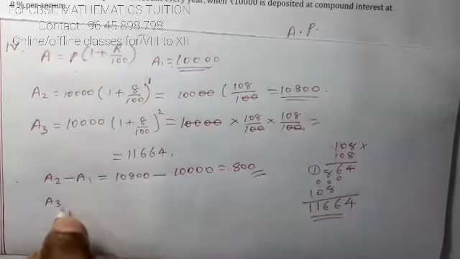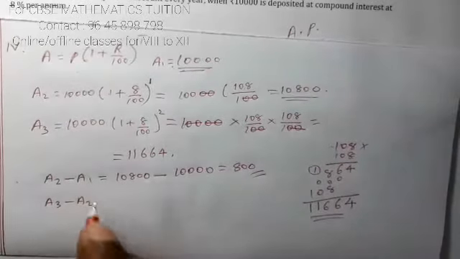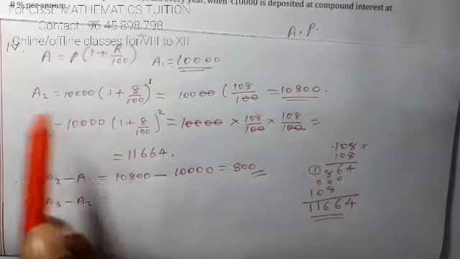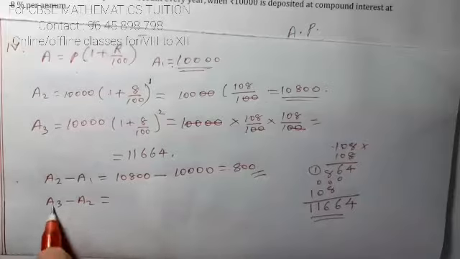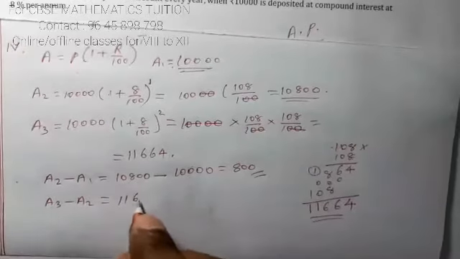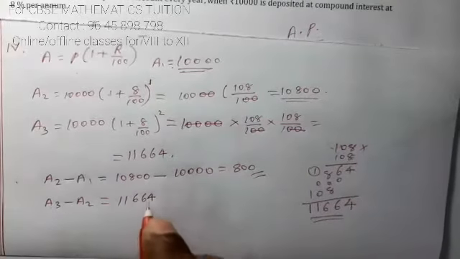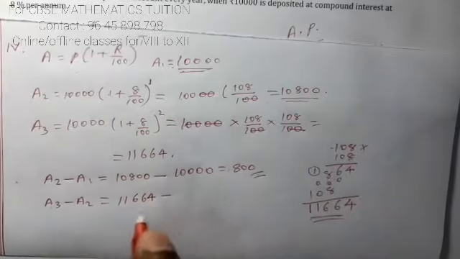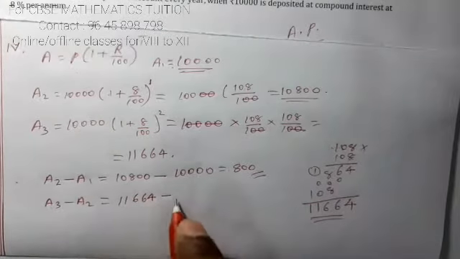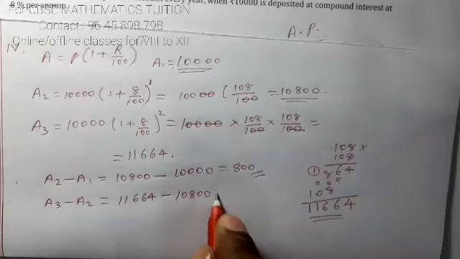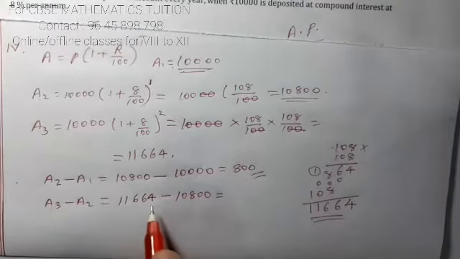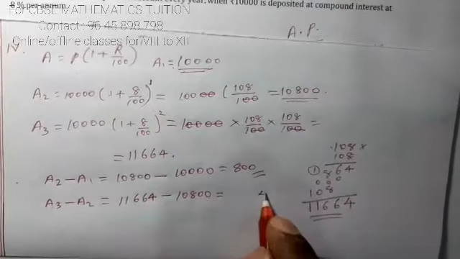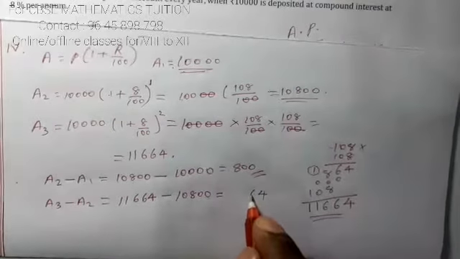But a3 minus a2, since common difference means the difference of two consecutive terms. So a3 is 11,664 minus 10,800, which is equal to, we know that here 4 minus 0 is 4, 6 minus 0 is 6.